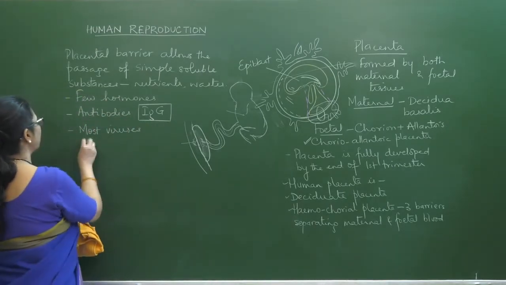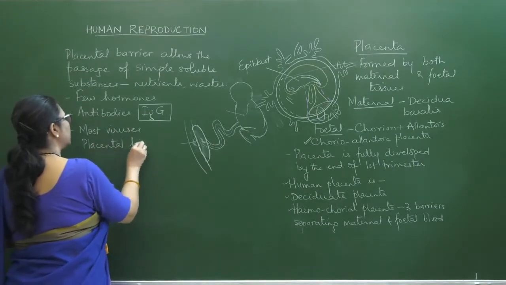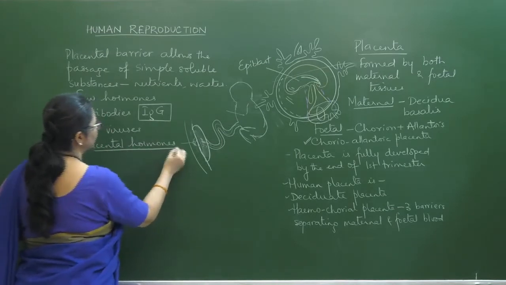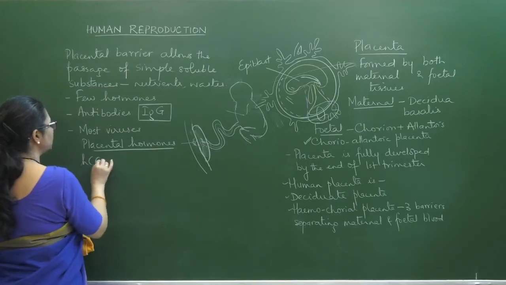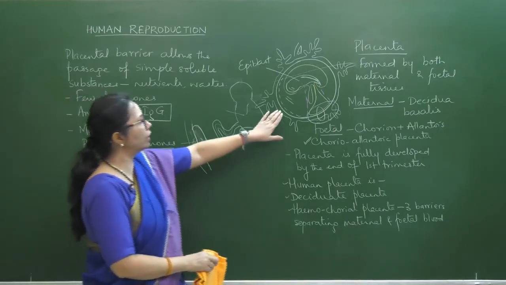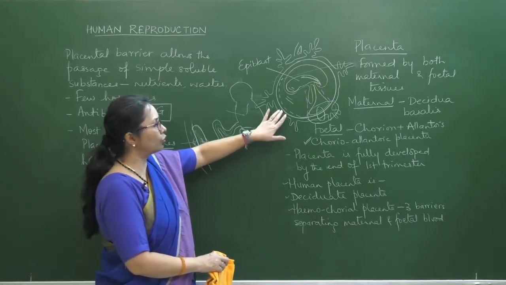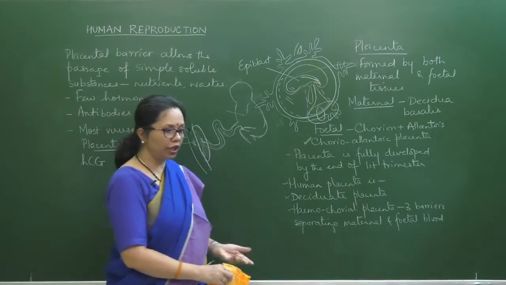Now coming on to the placental hormones. As I said, the placenta is an endocrine gland also. So next we can talk about placental hormones. One is of course HCG, which I told you earlier. The trophoblast cells here start secreting HCG. Those trophoblast cells, you see, are making up this chorion. So this secretion continues.